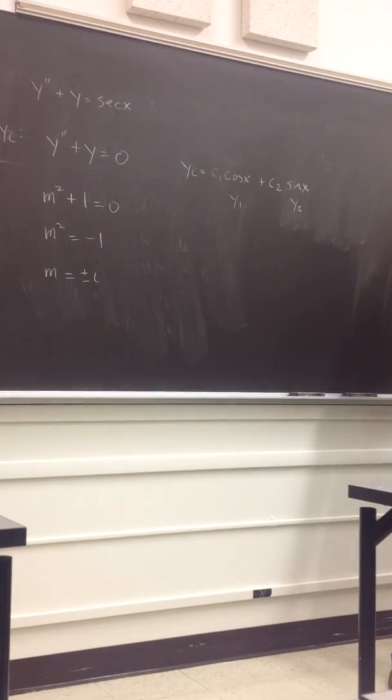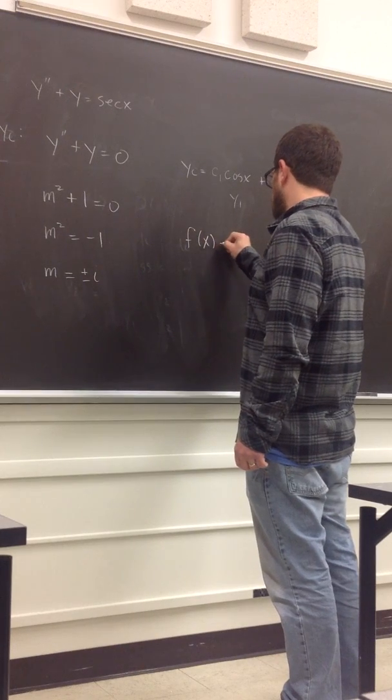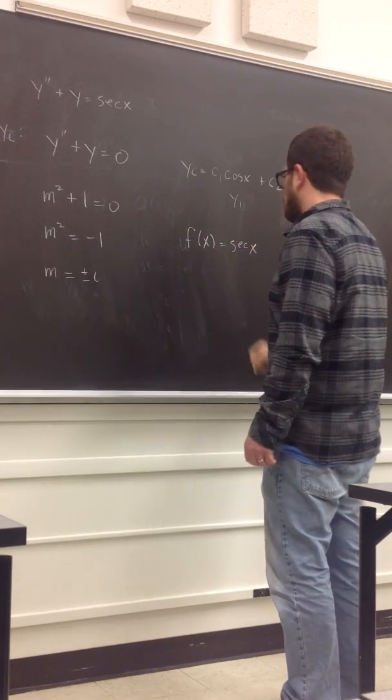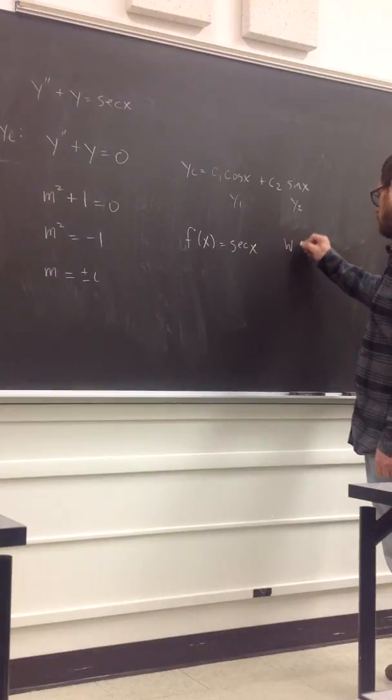What else do we need? F of x, what is that? Secant x, okay, and what else? Yeah, we need the Wronskian.